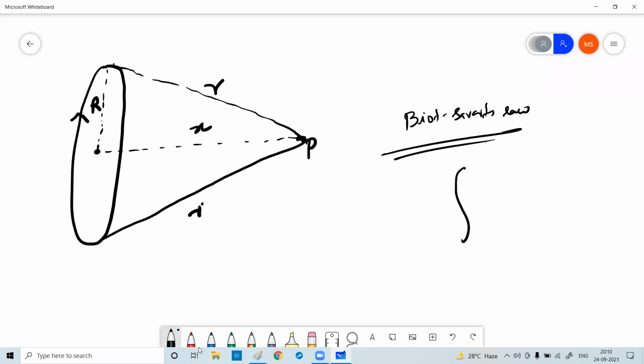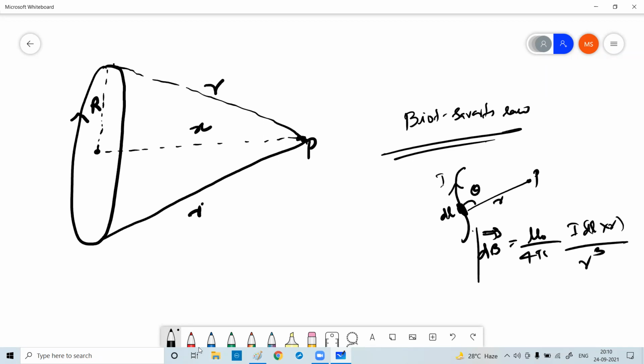If you have a wire, and I want to find the small element dl, and I have a point P making an angle theta with it, then the small magnetic field dB because of the current flowing through this small length of wire is equal to mu naught by 4 pi, I dl cross R divided by R cube. Yes or no? This was the law.